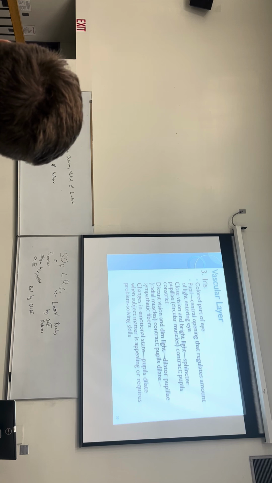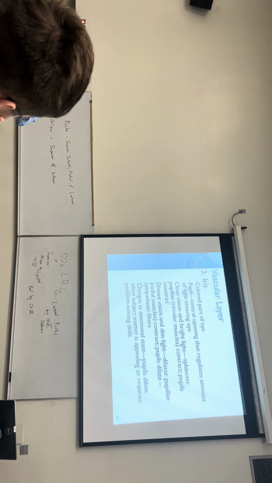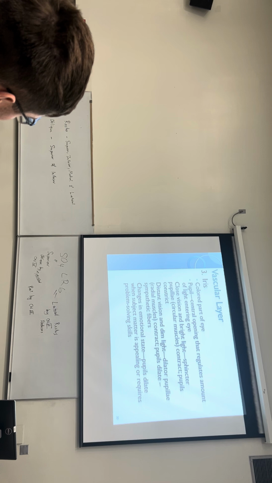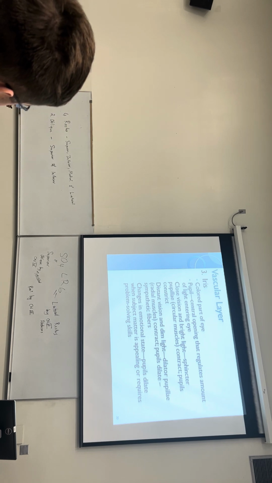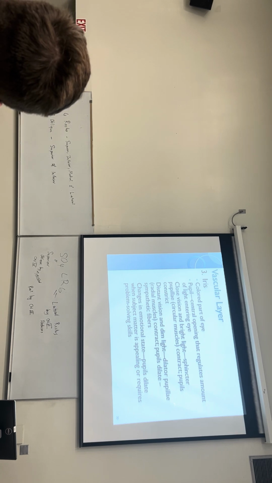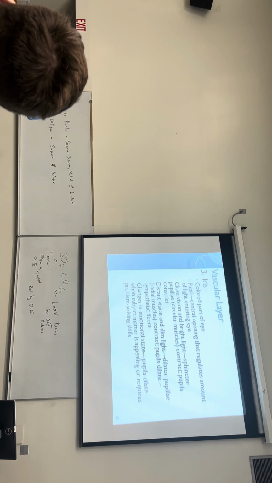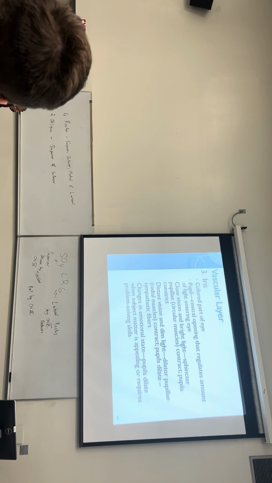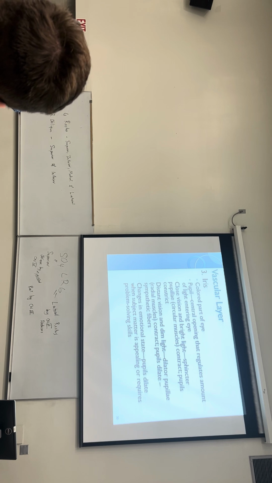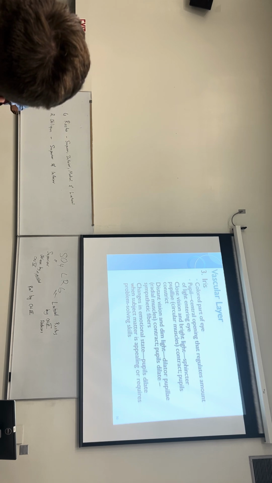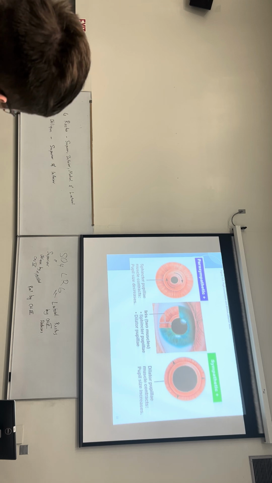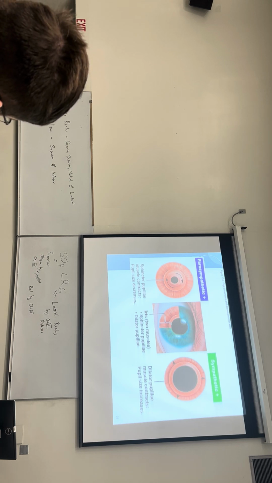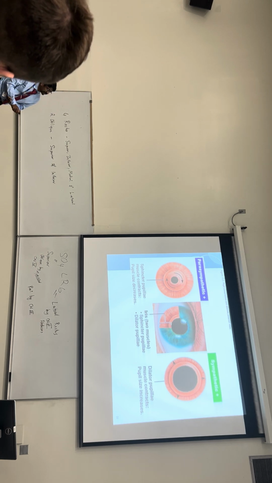Same thing if there is dim light, not enough light, our pupils will dilate, allowing more light in. We also, if excited, have the same sympathetic response and dilate our pupils. When we're thinking, when we're concentrating, the pupils also dilate.